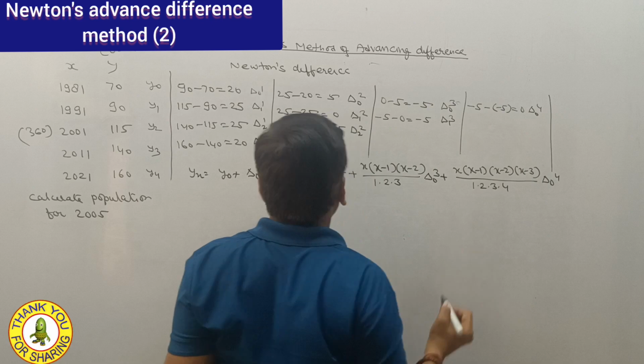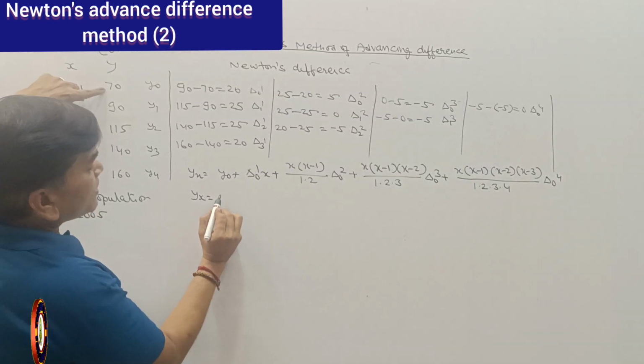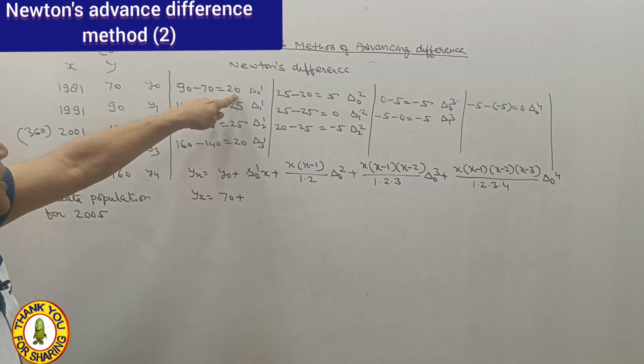This last one is 0. So putting the values in yx, y0 is 70 plus delta 01 is 20.